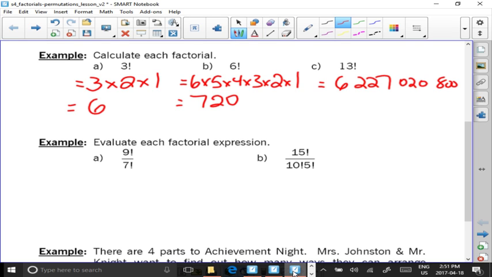That's 13 factorial. So like I said, factorials get really big really quickly.